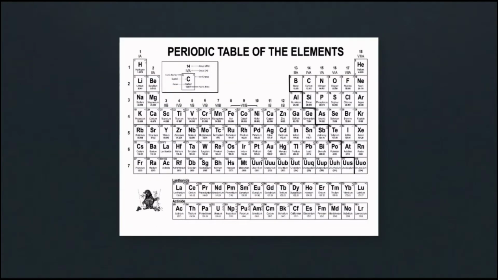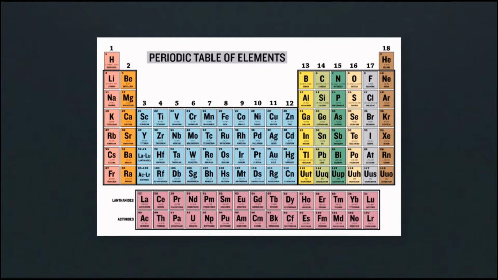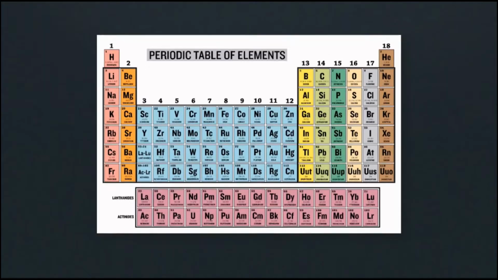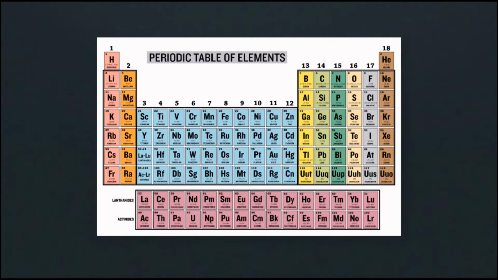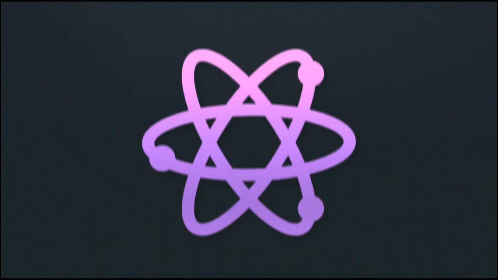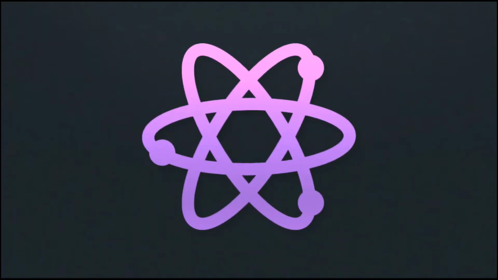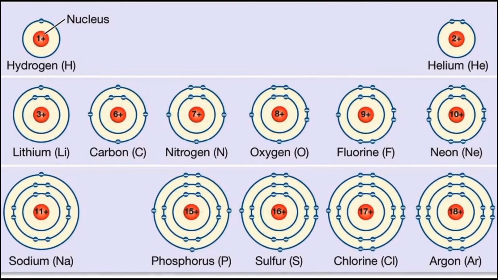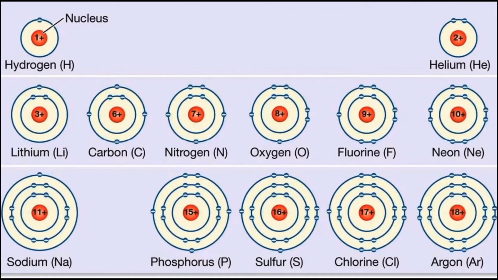The periodic table can also be organized in a couple different ways. Firstly, it can be organized into vertical columns called groups. On the periodic table there are 18 groups, and each group has elements that share similar chemical properties. The reason why these elements in these groups have similar properties is because they have similar electron arrangements. Electrons can reside in different electron shells or energy levels.